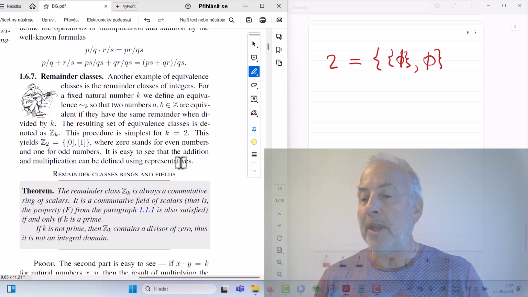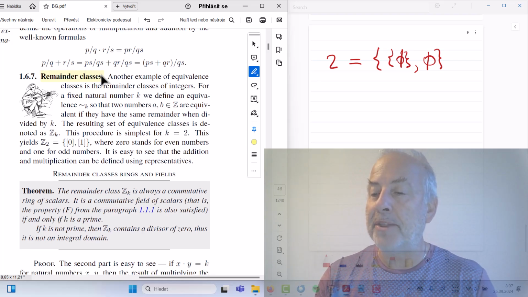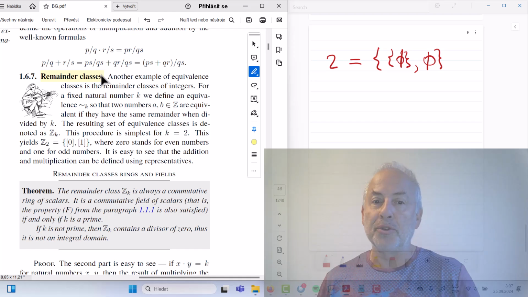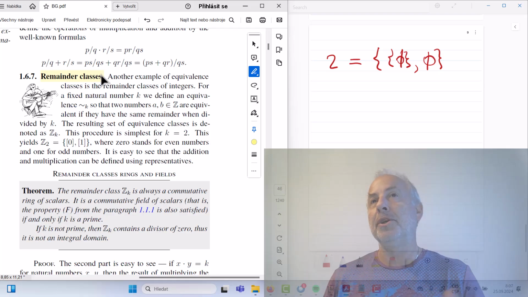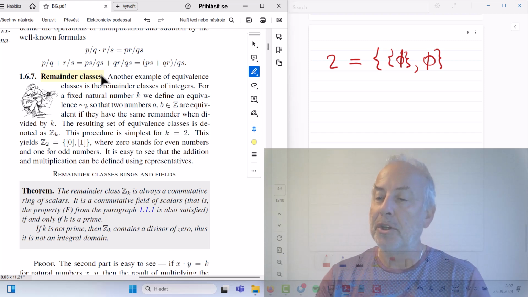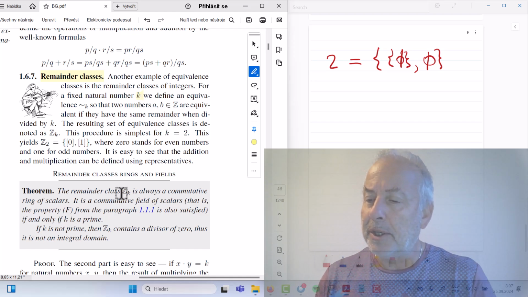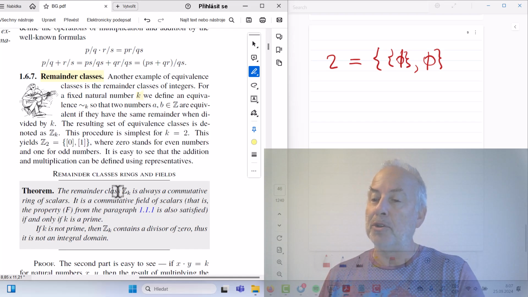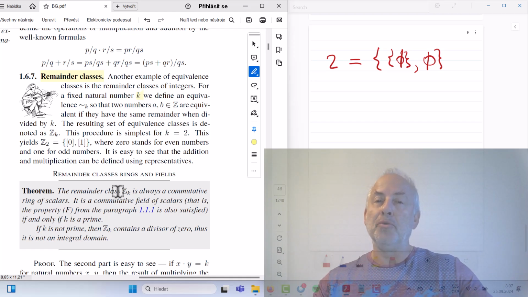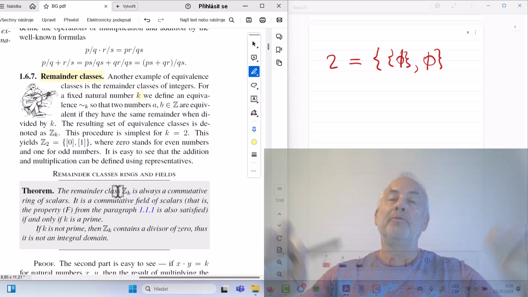The same thing then works for the remainder classes, right? That's something we also saw already. So with the remainder classes, we are not interested in integers as such, but only in what's the remainder after division by some fixed natural number k, right? And what we get is the equivalences, because we say that two integers are considered to be the same, to be equivalent, if the remainder after the division is the same.